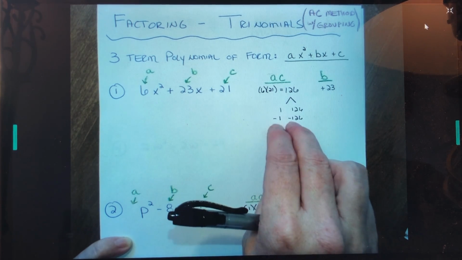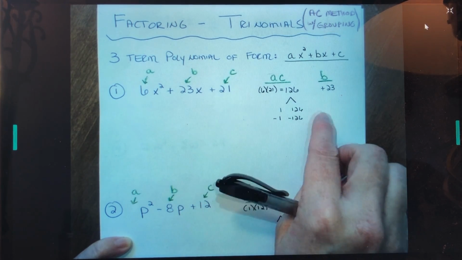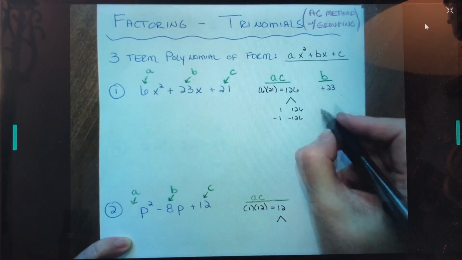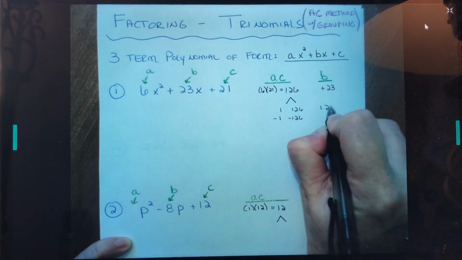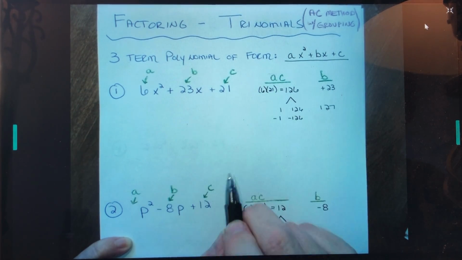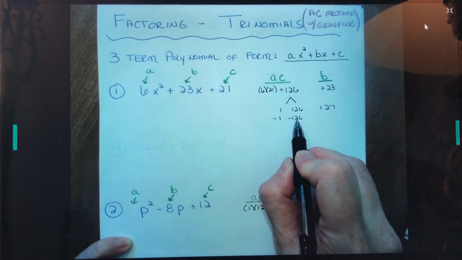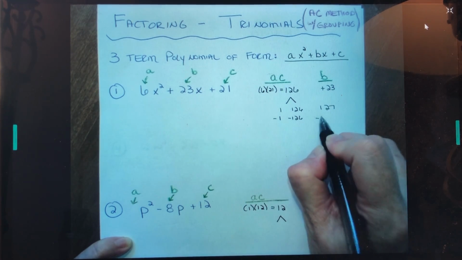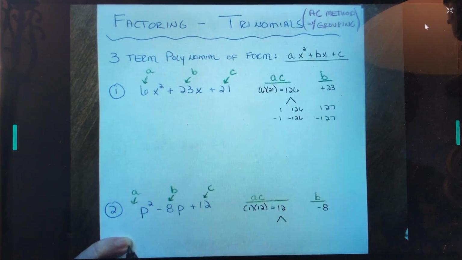Now you want to add these together to see what you get. Well, 1 plus 126, that's 127. That is not 23, so this is not the set of numbers we're looking for. Likewise, if you combine these, you're going to get -127, which is also not correct.